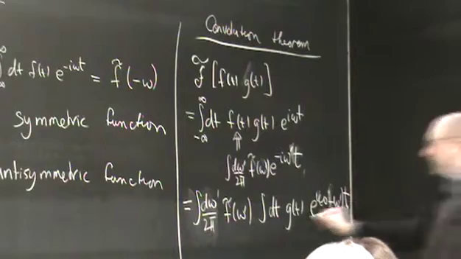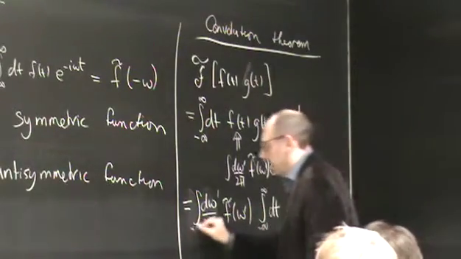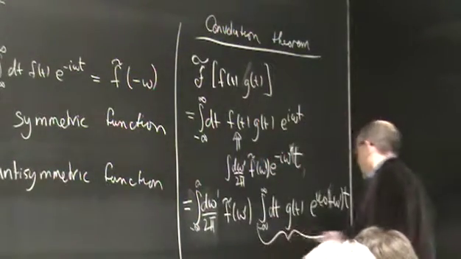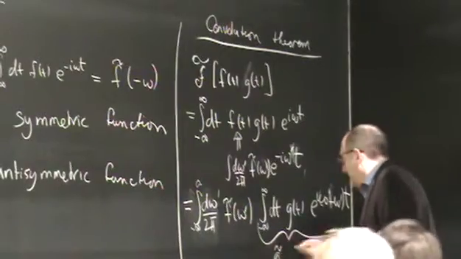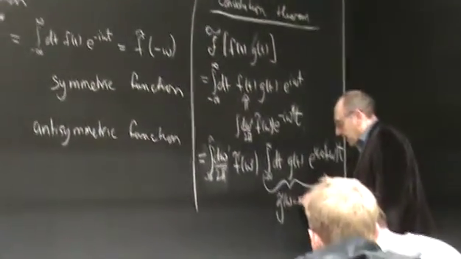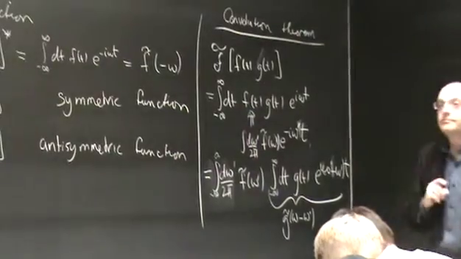And this, of course, with everything integrated from minus infinity to infinity, is equal to g tilde evaluated at omega minus omega prime.